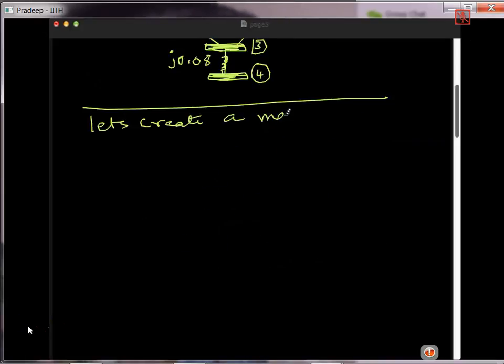Create a matrix with line data. That means whatever is the data of the transmission lines. Basically it will have three columns.